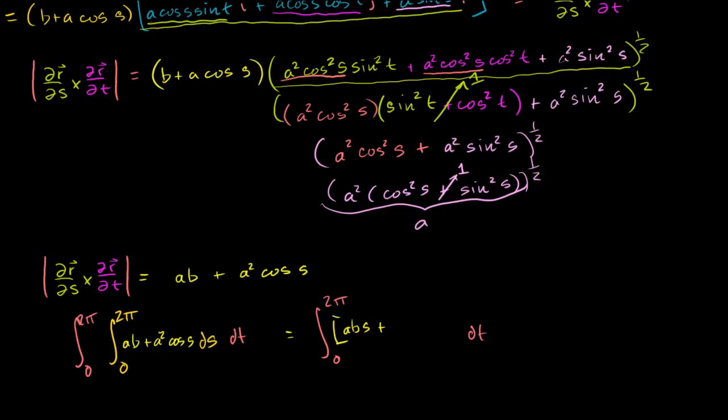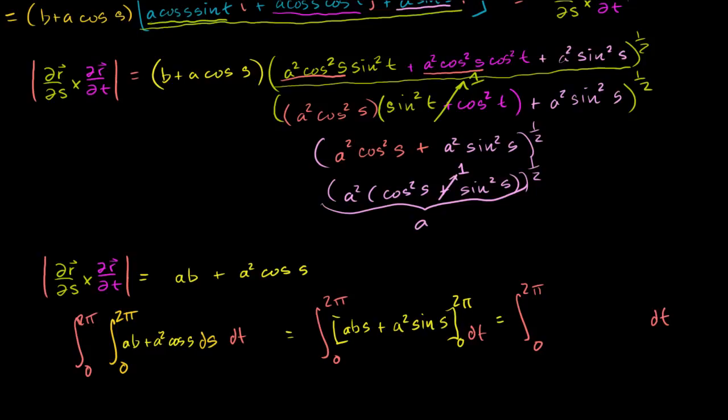It's sine of s. So plus a squared sine of s. And we're going to evaluate it from 0 to 2 pi. And what is this going to be equal to? Let's put our boundaries out again for the t integral that we're going to have to do in a second, 0 to 2 pi dt.